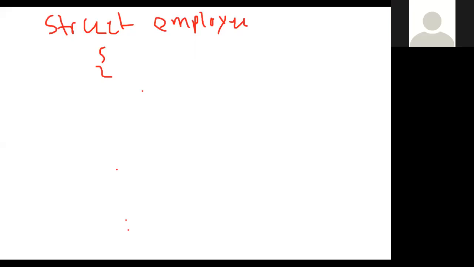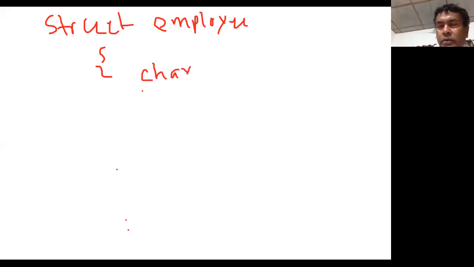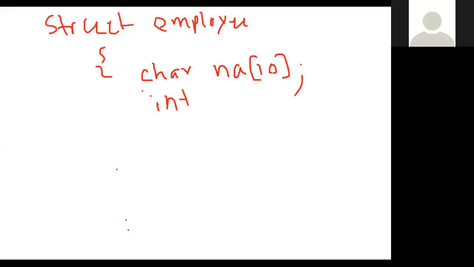Character for name. First, character for name. I make it NA, okay? Assign a value depending on you. I make it 10. Then semicolon. Next one is integer ID.